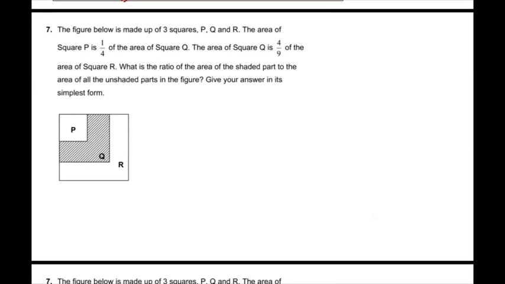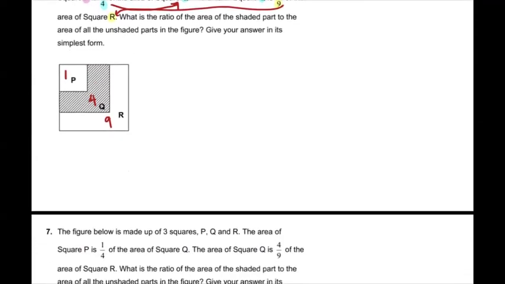Okay, it looks quite difficult, but if you digest the question or you split the question sentence by sentence, it shouldn't be too hard. So as you know that square P is 1 unit. Square Q, on the other hand, is 4 units. So this is 1, and Q, the entire unit of Q is 4, right?